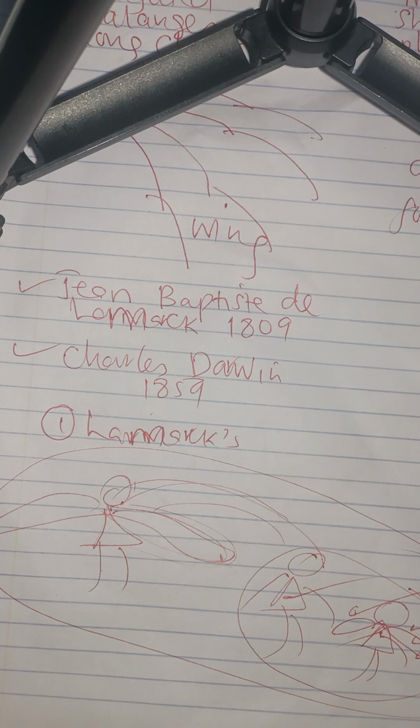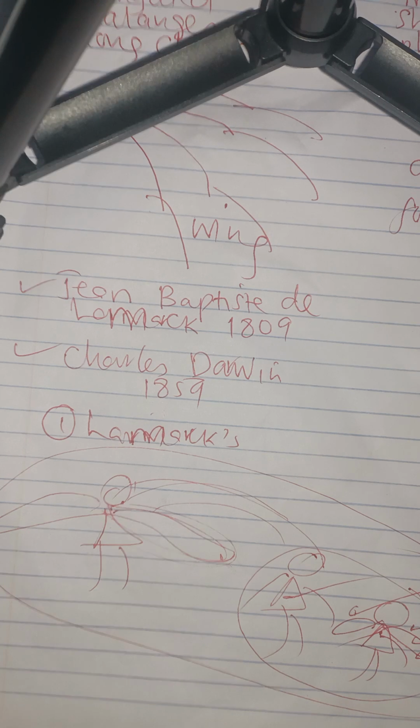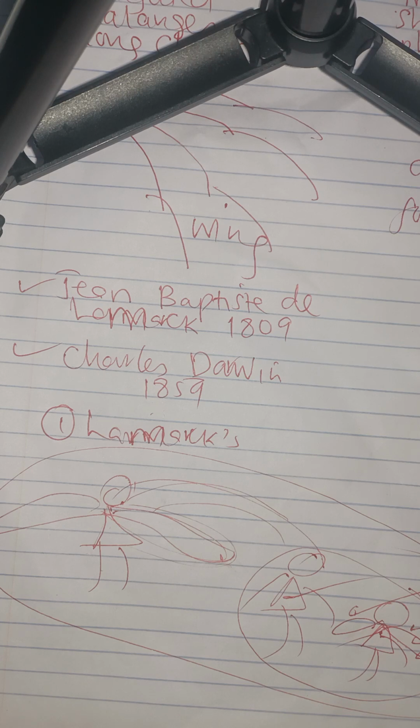So, he says that the short-necked giraffes were the ancestral or parental forms. These short-necked giraffes began stretching their necks to reach the vegetation in the higher levels of the trees or plants. And at the end of the day, they were avoiding competition from other browsers in that environment.